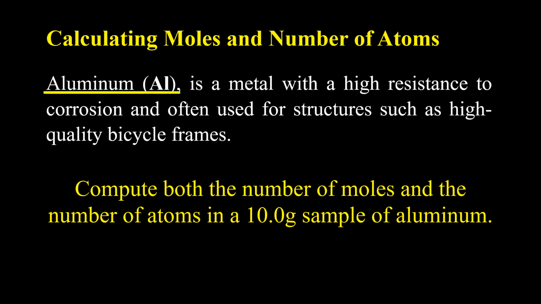Aluminum is a metal with high resistance to corrosion and often used for structures such as high-quality bicycle frames. This time, we are going to compute both the number of moles of the atoms and the number of atoms in a 10 grams sample of aluminum.